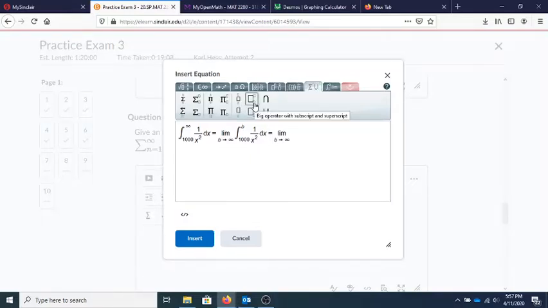Let's put everything in a box just so that we can preserve the limits of integration of 1,000 and b. I can't click in the little box.